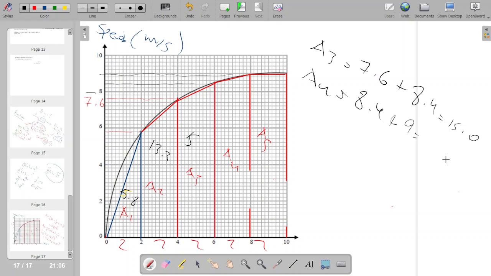So it's going to be equal to 17.4. And area 5 is going to be equal to 17.4 plus, we're going to see that it's almost, this one is going to be 9.